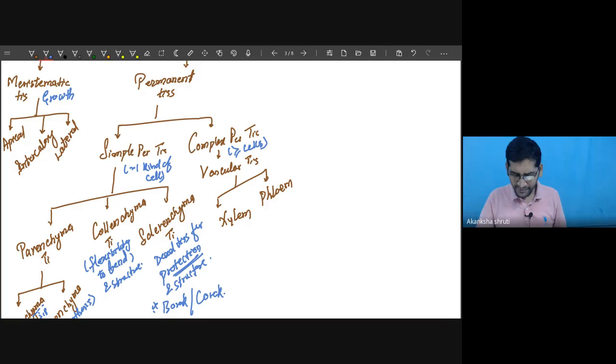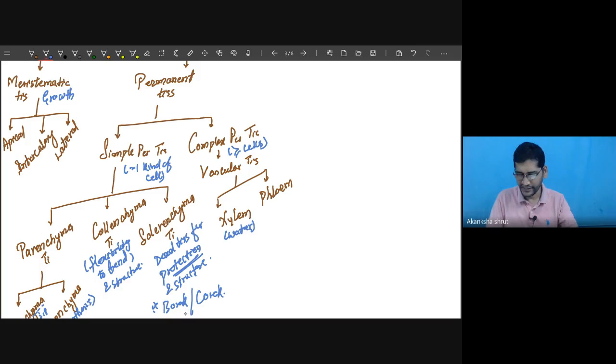Xylem is for carrying water from one part of the plant to the other. You have learned in previous classes that roots take water from the soil and it moves to different parts, to the stem, to the leaf. So through the xylem tissue inside the plant, this water movement happens.